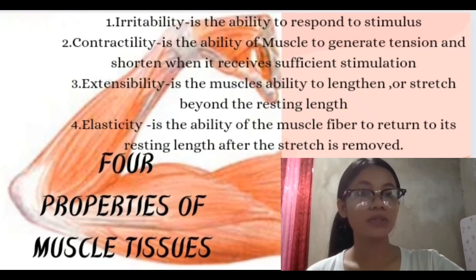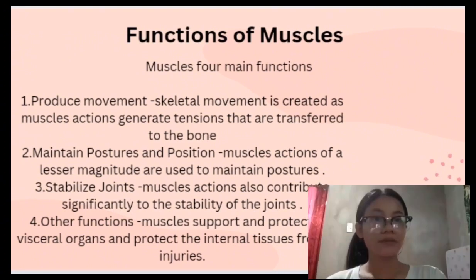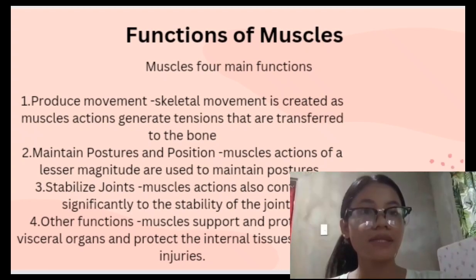movement without restriction. Our next topic is about the functions of muscles. First is produce movement, which means muscles move body parts by contracting and relaxing. Next is maintain posture and position.